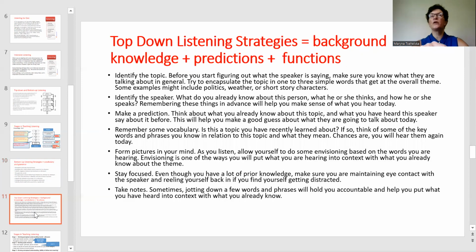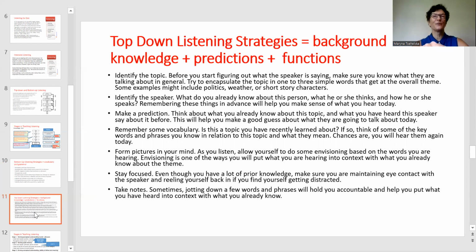When we do top-down listening, we identify the topic, identify the speaker, we make a prediction, we remember some vocabulary, and we stay focused and take notes.